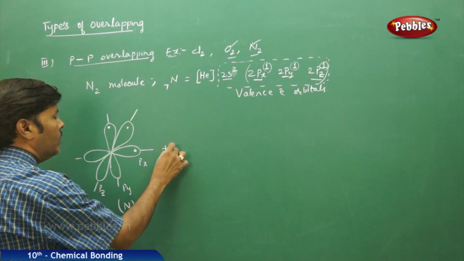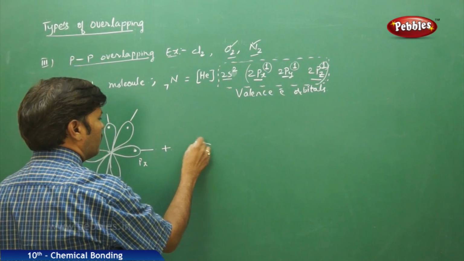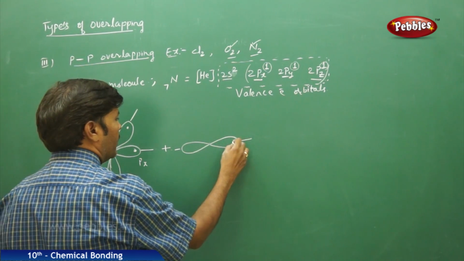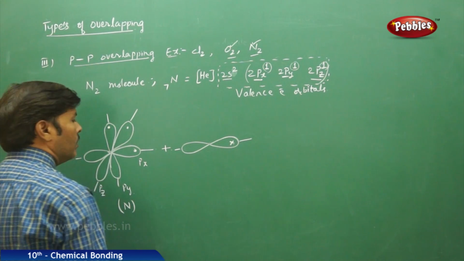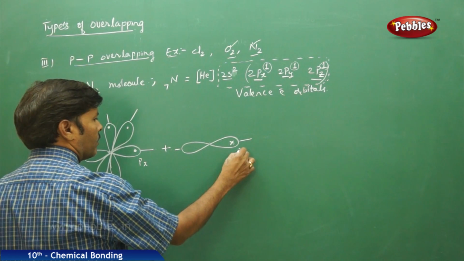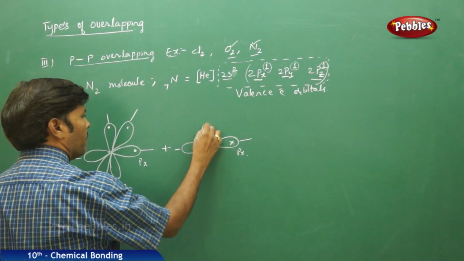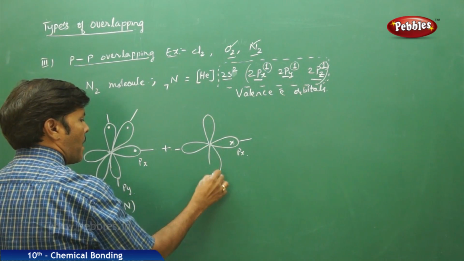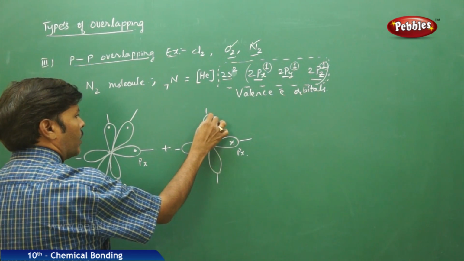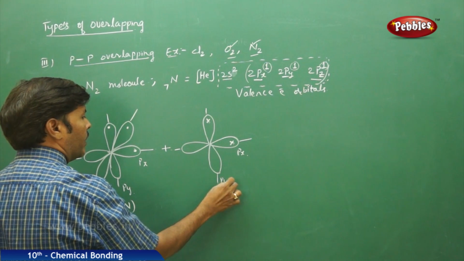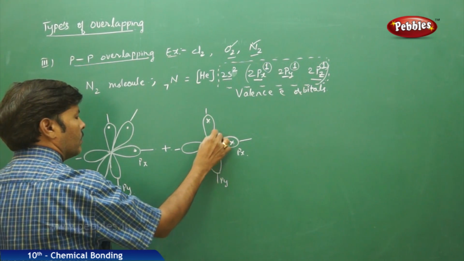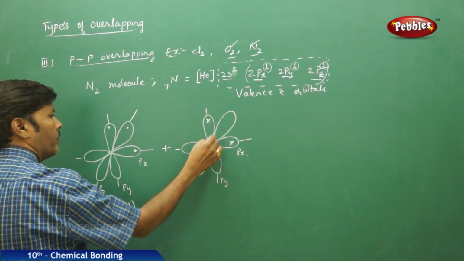Go for the second nitrogen. If you take the second nitrogen also, you have again one px atomic orbital with a cross, applying the Lewis electron dot structure method. So this is px, this is py with an unpaired electron, this is py, and the next one is pz of the second nitrogen.